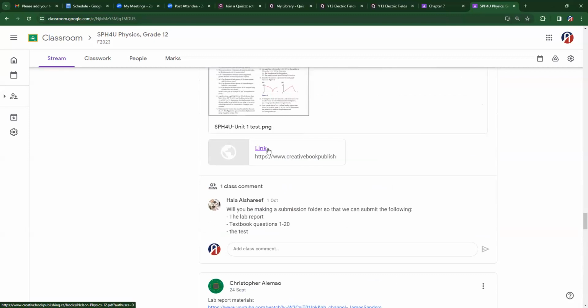Yeah, Creative Book Publisher. Okay, so if you forgot, you can go to, it looks like October 1st or close to October 1st, the link to creative textbooks. It's a big file, but it will take a few seconds to upload.